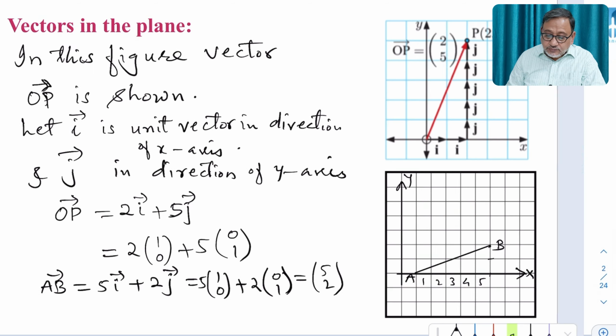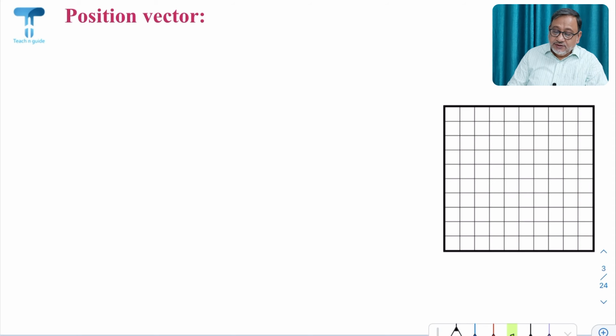Now, position vector. What is a position vector? A position vector is a vector whose initial point is at the origin and whose terminal point is something else. So this is a vector OA.